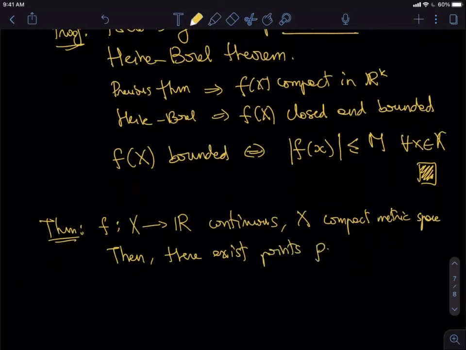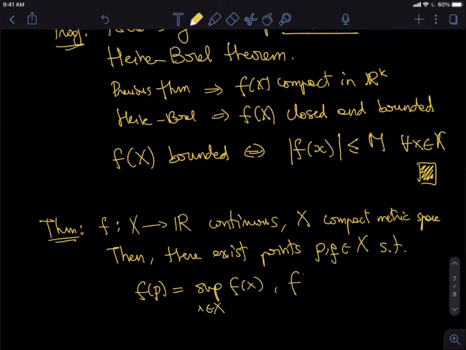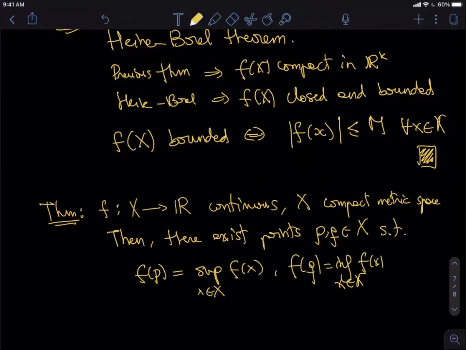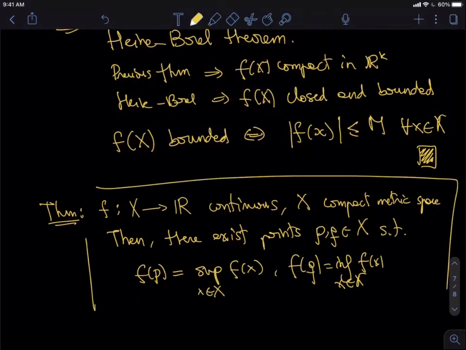But what we have here is that there exist points p and q in X such that f of p equals the supremum of f of x, x in X, and f of q is the infimum of f of x, x in X. This is the extreme value theorem.